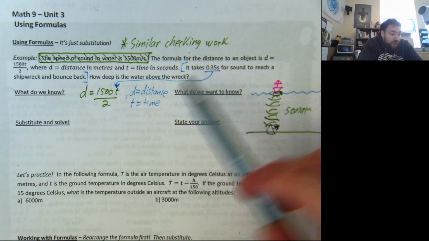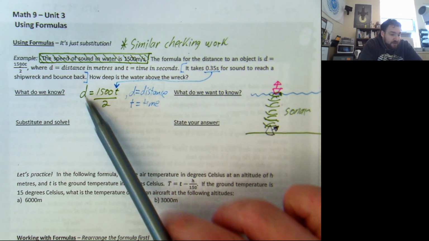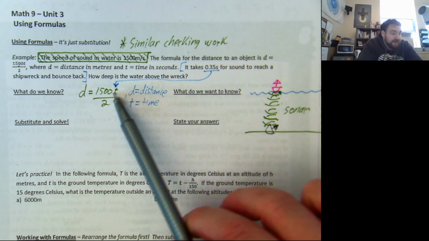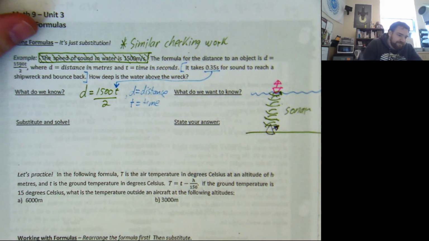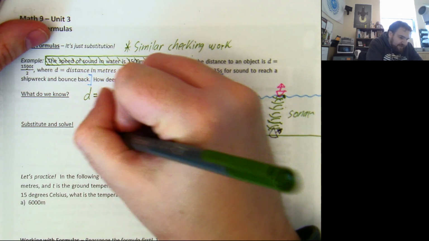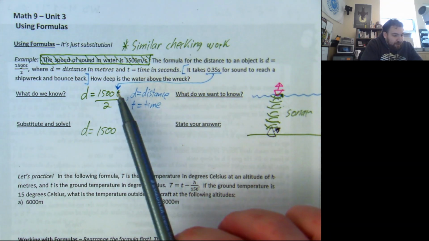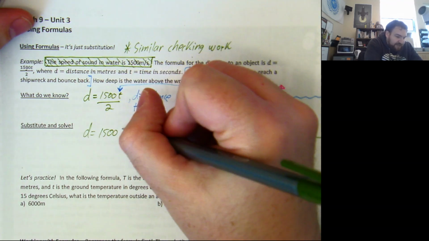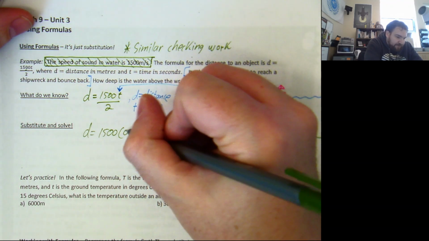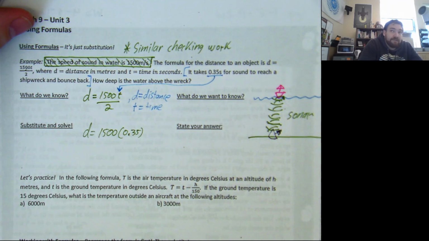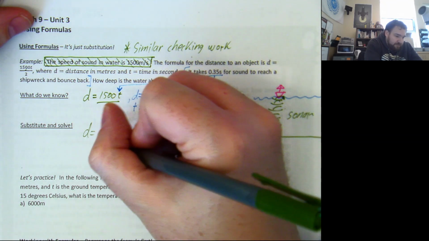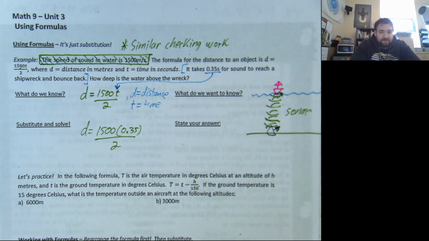So we want to know what the distance is. We're given a value for the time. Let's plug it in and solve it. So D is going to be 1500. When you replace a variable with a value, put brackets where the variable was, put your value inside it. And the rest of the formula should be written exactly as the rest of the formula was.